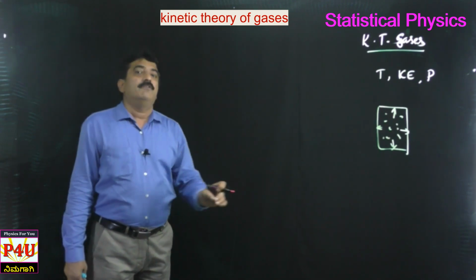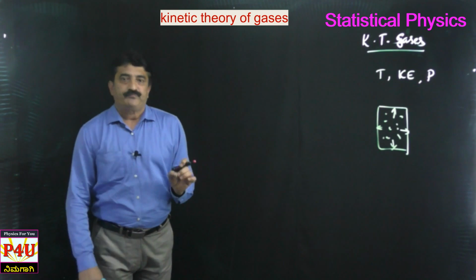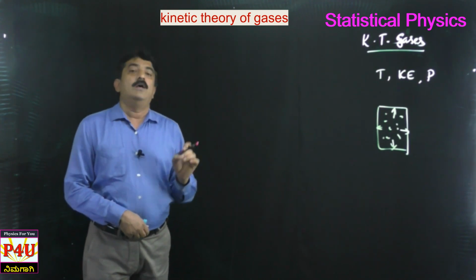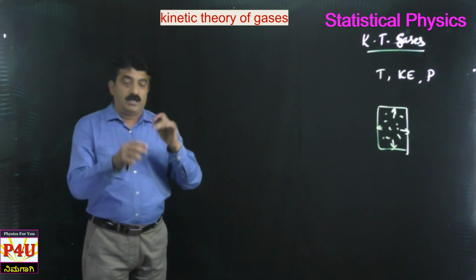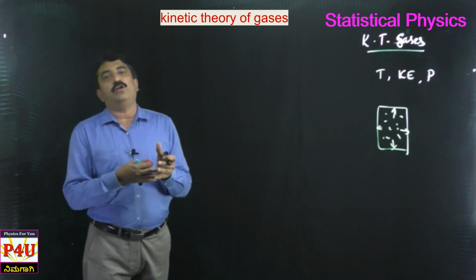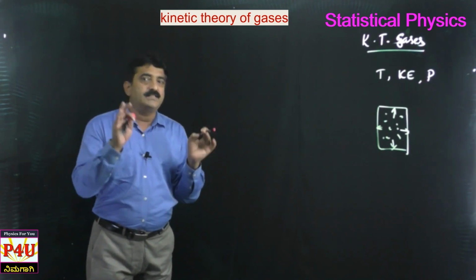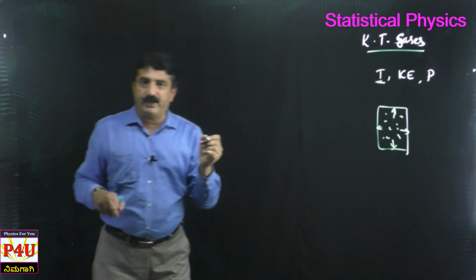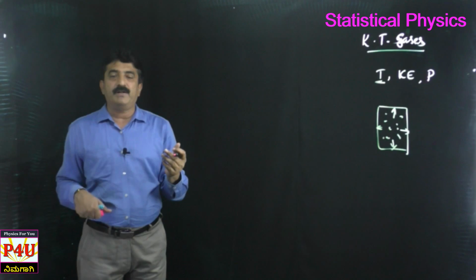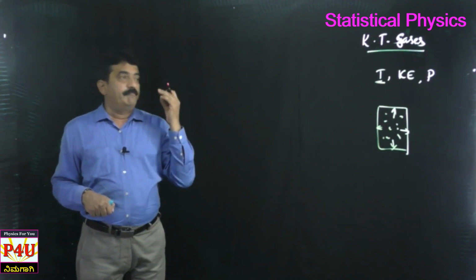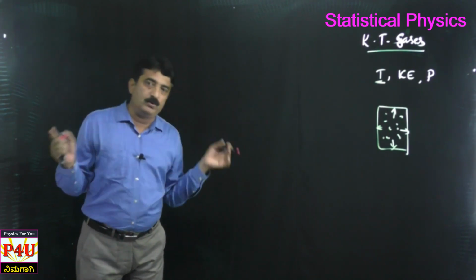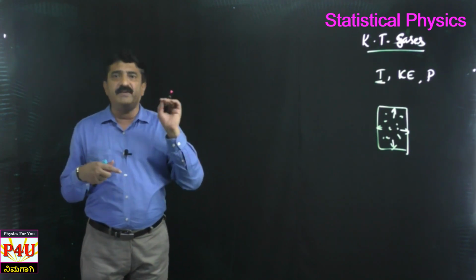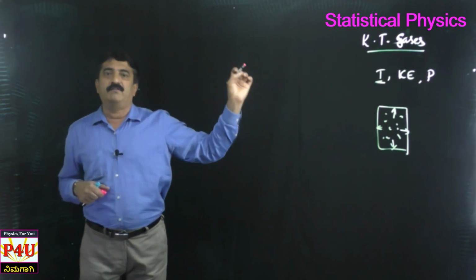So there we consider statistics only. Number of molecules moving in a given direction, number of molecules colliding in a particular interval of time, all these things are considered to arrive at a solid decision about the temperature of the gas, variation of the temperature with respect to pressure, variation of the internal energy with respect to work done. All these things we can explain with the help of statistical physics.